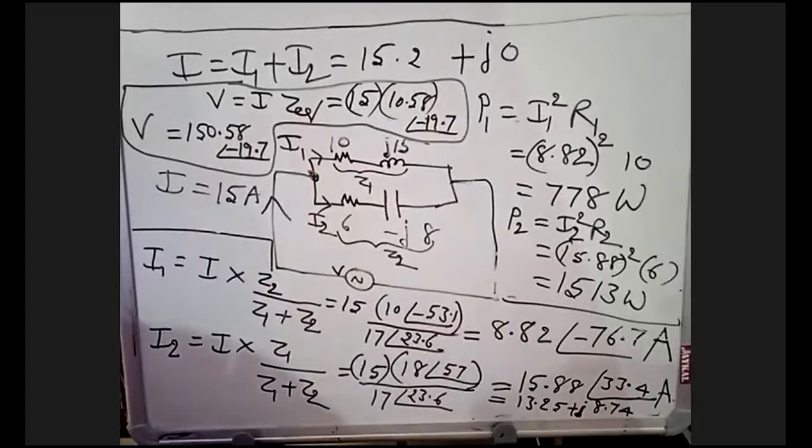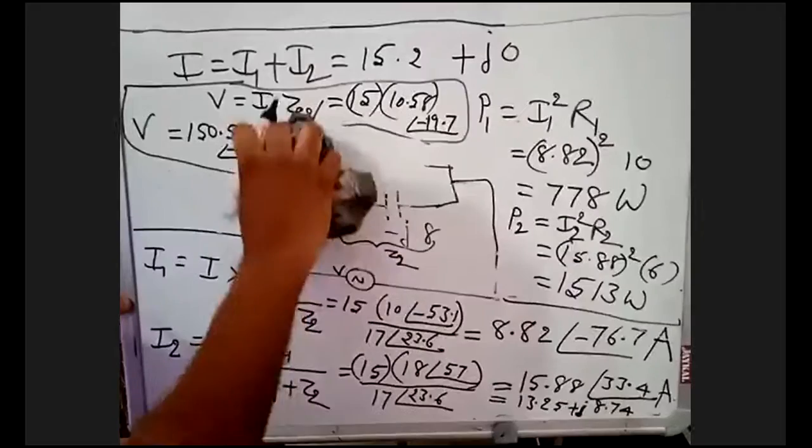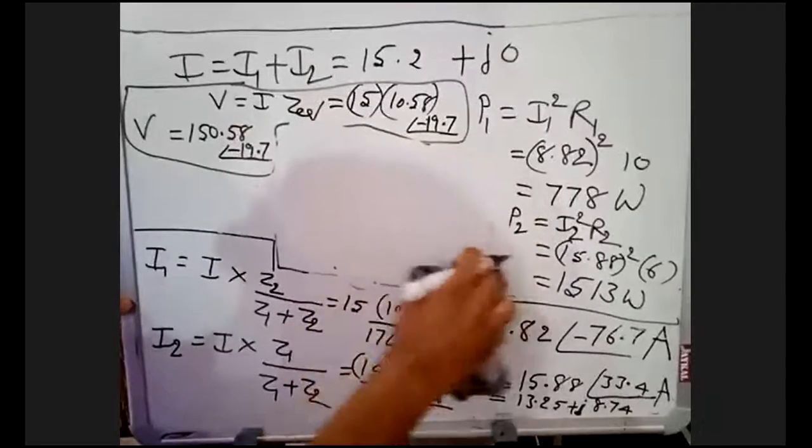Now what is he asking? First bit is completed. What is the second bit? PF of individual circuits, power factor of the individual circuits. For Z1, what is the angle you got?